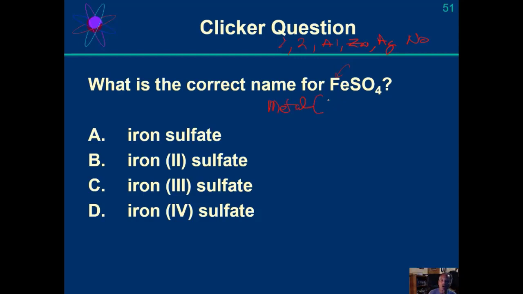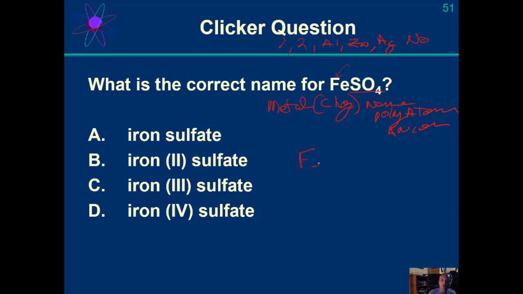we need to put the charge in Roman numerals in parentheses, and then since this is a polyatomic anion, we need to name the polyatomic anion. Okay? All right, so here we go.